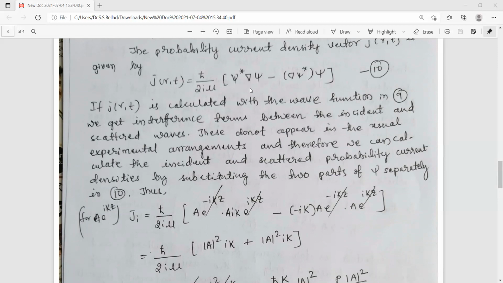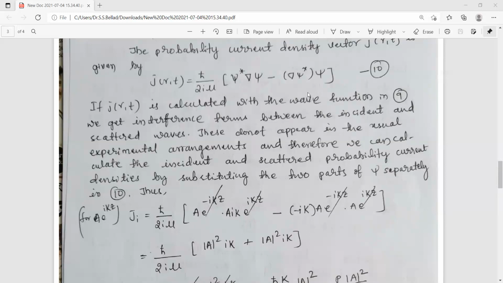That is why this is written as a e raised to minus ikz, the minus coming from the complex conjugate, into del psi. That means this is differentiated. So after differentiation, this becomes a ik into e raised to ikz. This a is the amplitude as usual, and ik comes because of differentiation.